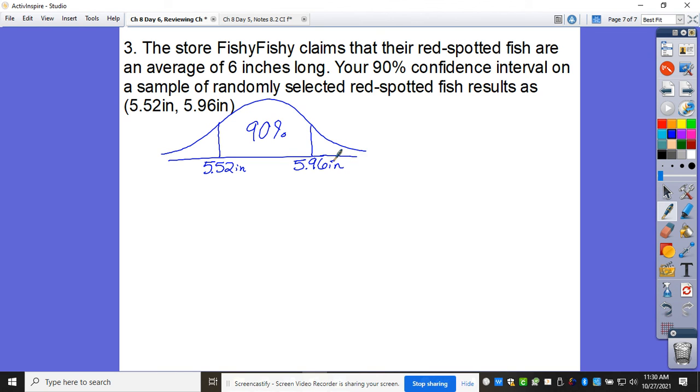What is the store claiming? Where is this on my graph? Where is it not on my graph? In my confidence interval. Does it matter that it's close? It either is or it isn't.